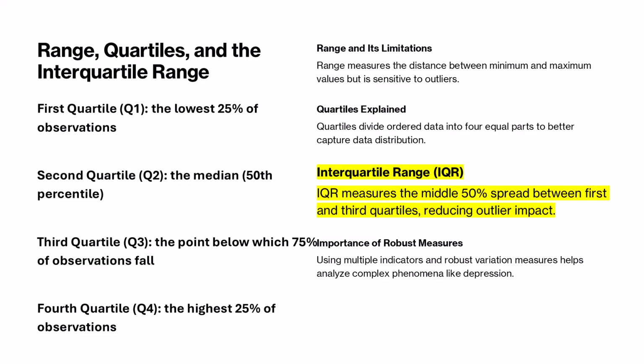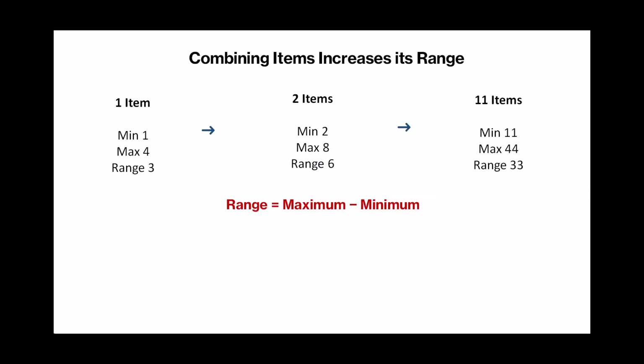To better capture where most observations fall, researchers use quartiles, which divide ordered data into 4 equal parts. The interquartile range, IQR, defined as the distance between the first and third quartiles, represents the middle 50% of observations. Because it is less affected by extreme scores, the IQR often provides a more stable and informative measure of variation.